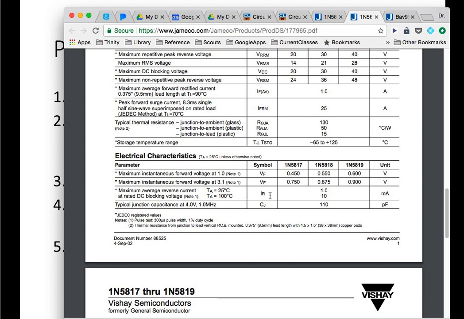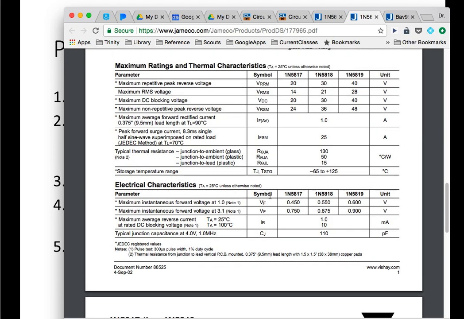Some of these data sheets have a maximum power rating, some do not. If you don't have a maximum power rating, you can take the forward voltage multiplied by the average maximum current, and you can use that. So this thing can handle about a half a watt.